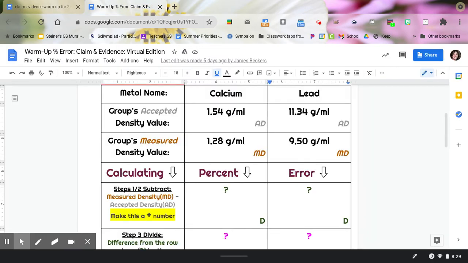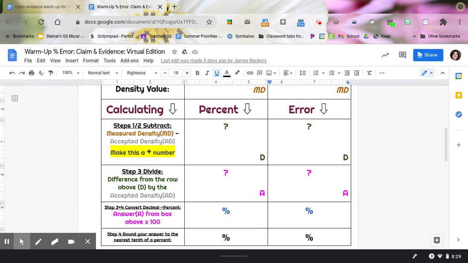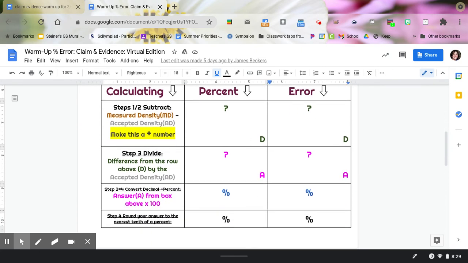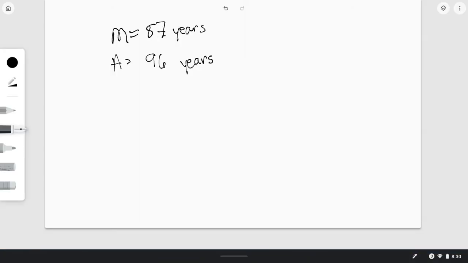Let's look back at our step-by-step how we're going to do this. Step 1, it says, is to subtract the measured minus accepted. So let me go to my workspace. And we want measured minus accepted.